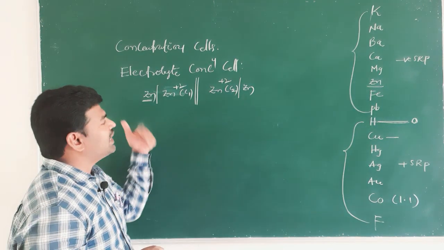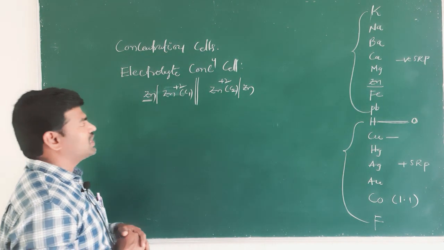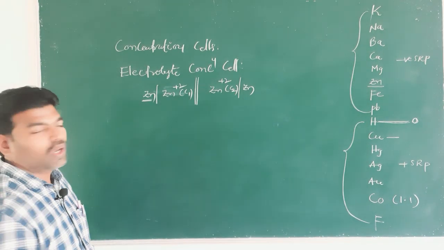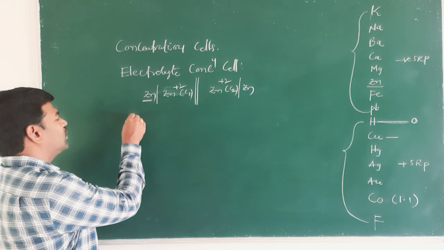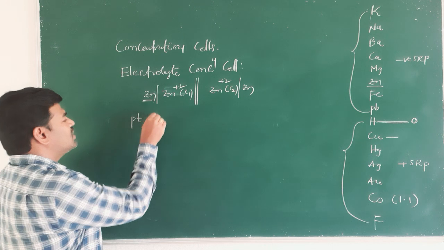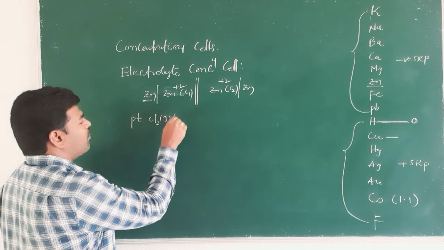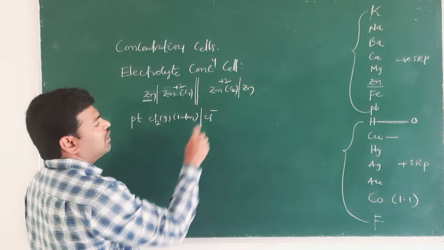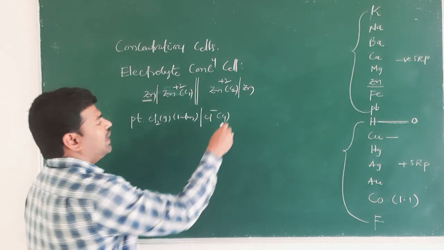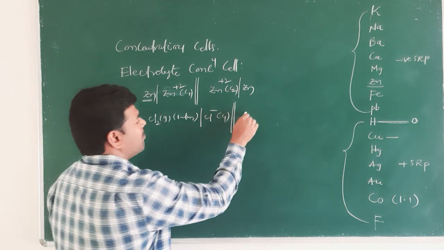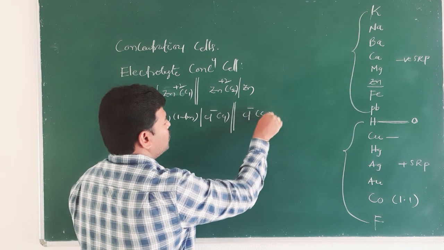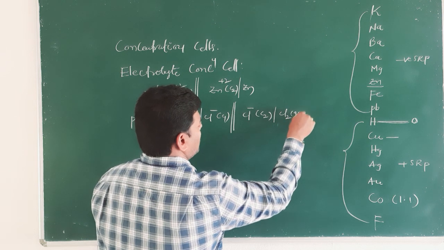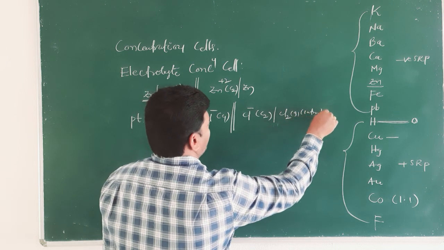So let us consider another electrolyte concentration cell: platinum, Cl2 gas at 1 atmosphere, Cl minus ions of concentration C1, and Cl minus of concentration C2, Cl2 gas at 1 atmosphere, platinum.